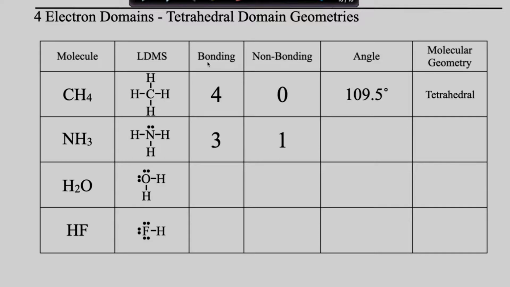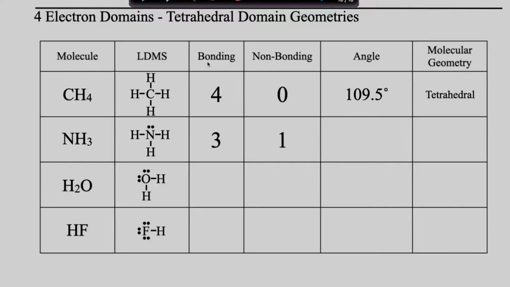So guys, we've got a big, fat, unbonded pair of electrons up here, but we don't represent it in the structure. But guys, what is this big, fat, unbonded pair of electrons doing? It's literally pushing these hydrogens down. And when it pushes down, what happens to this angle? Does it get bigger or smaller? It gets smaller.